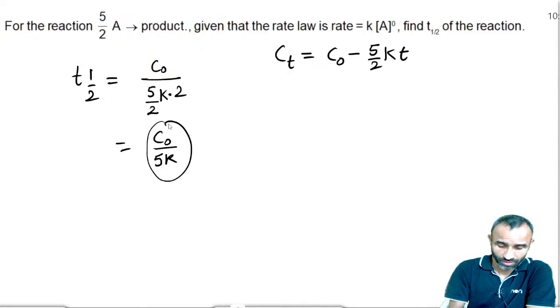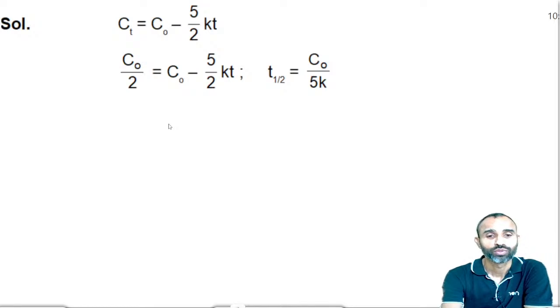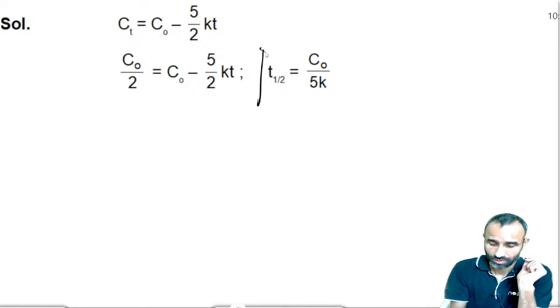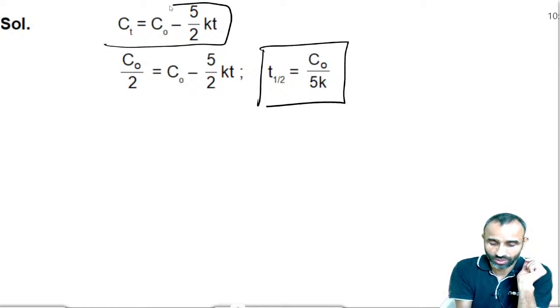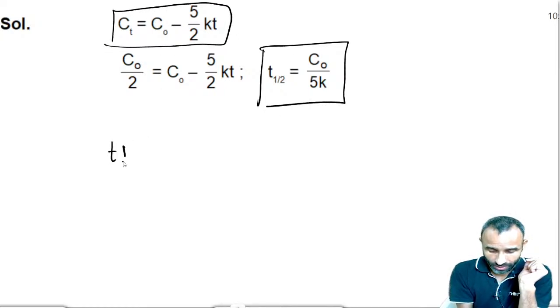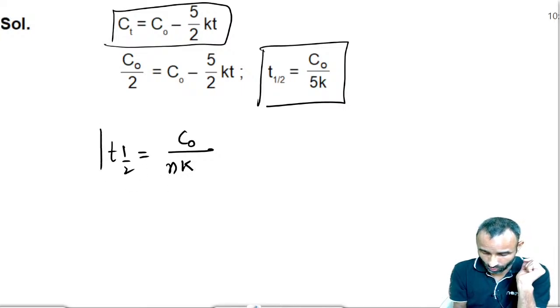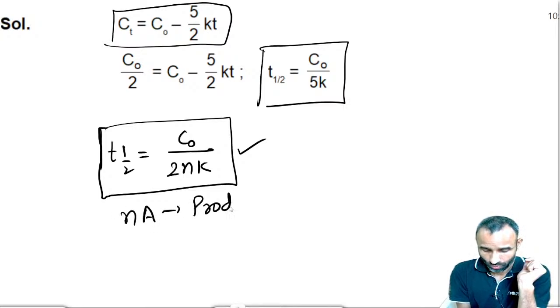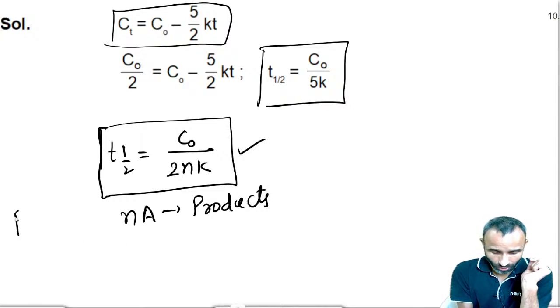It is C naught minus 5 by 2 Kt, and C naught by 2 comes out to be that. No need to write all this. Just keep in mind that t half is equal to C naught divided by 2nK, for n A going to products for a zero order reaction.